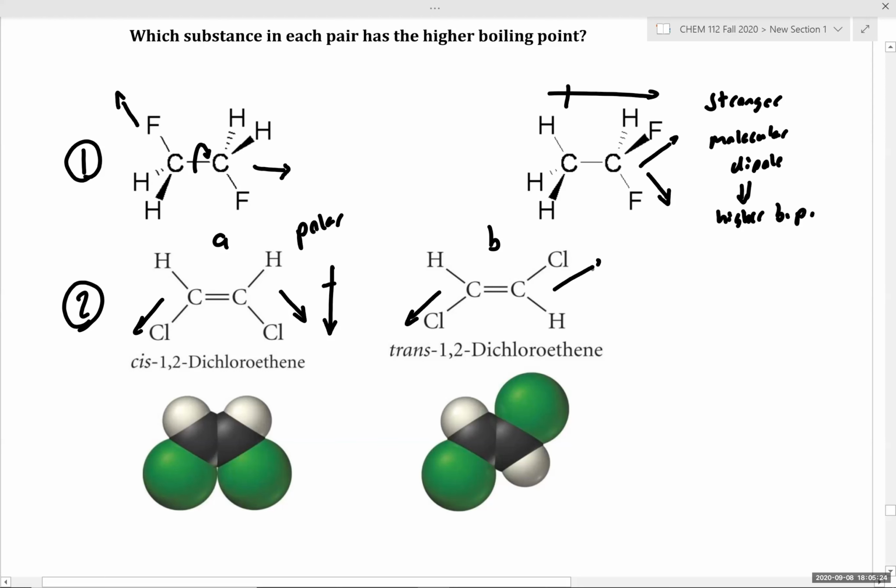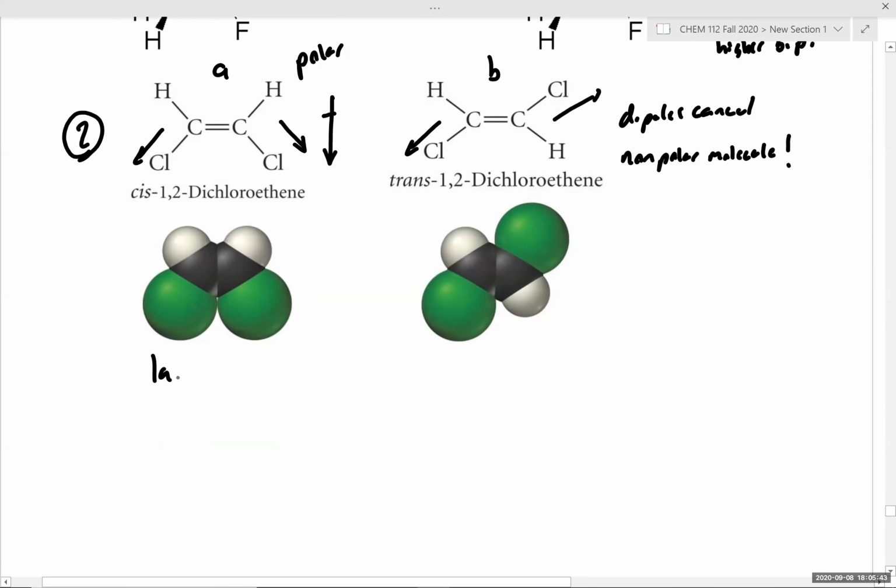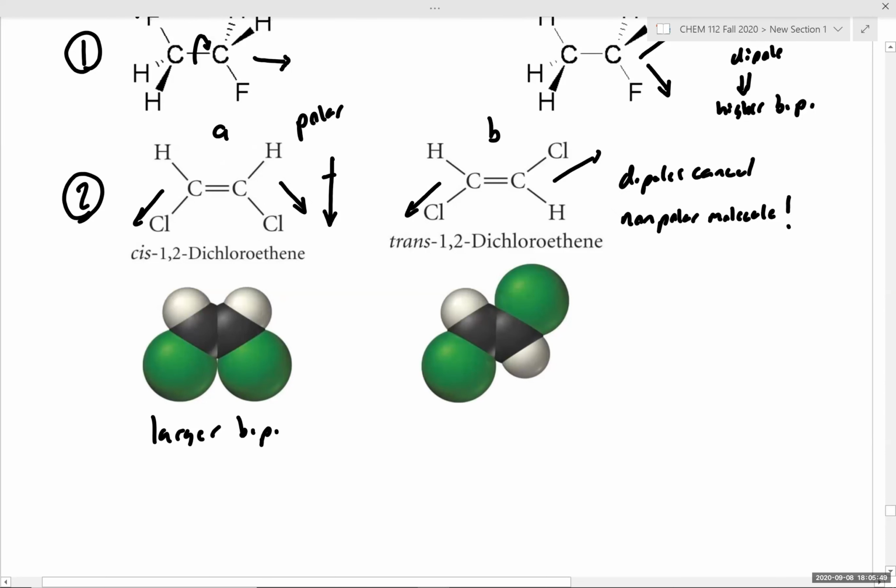The trans isomer, even though it has polar bonds, the dipoles cancel and we have a net non-polar molecule. In turn, the cis 1,2-dichloroethane isomer has a larger boiling point because it has a larger molecular dipole.